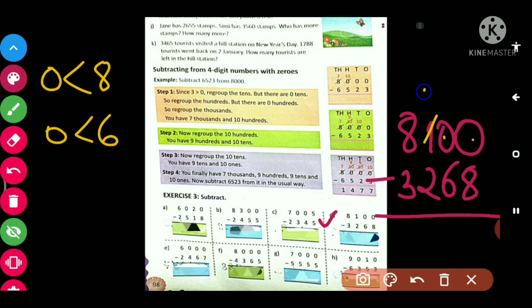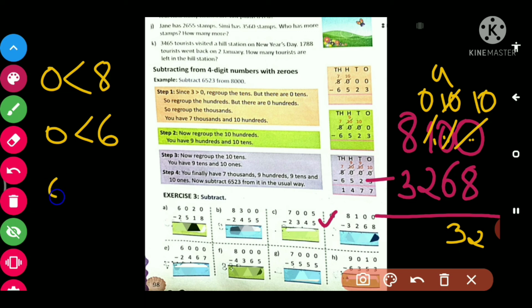So this 1 will reduce to 0, and this 0, it will now become 10. Now this 0 has to give a number to this one, so it will become 9, and now this 0, it becomes 10. So 10 minus 8, it will be how much? 2. 9 minus 6, it will be how much? 3. 0 minus 2, again 0 is less than 2, so it will borrow it from 1000 place.